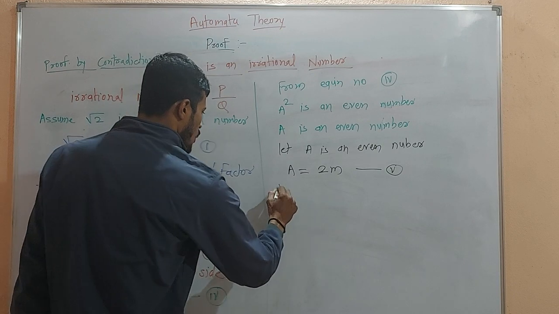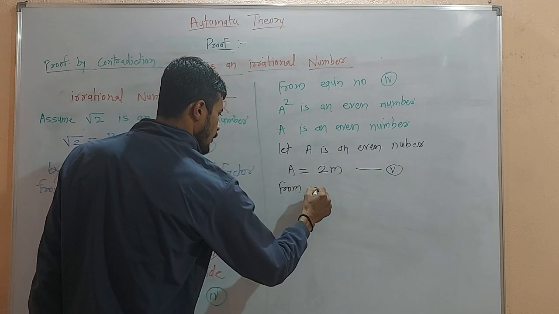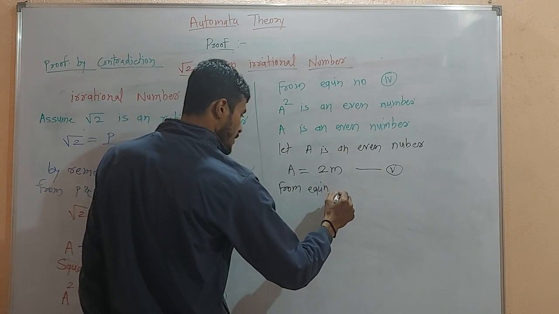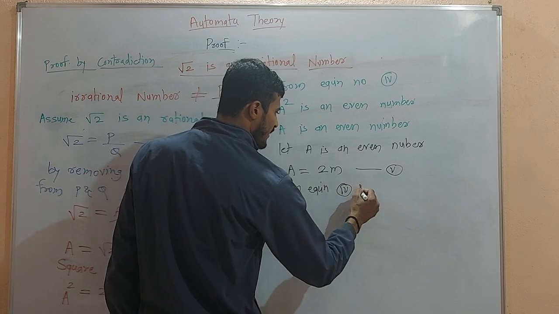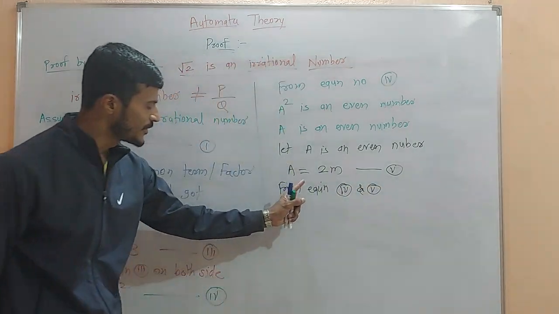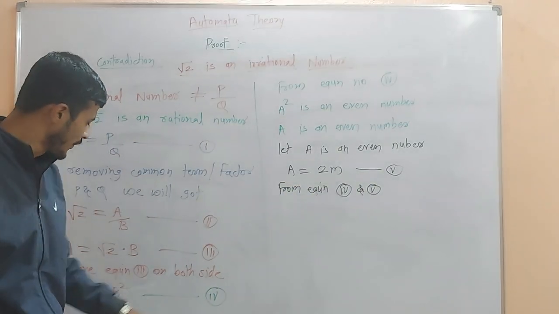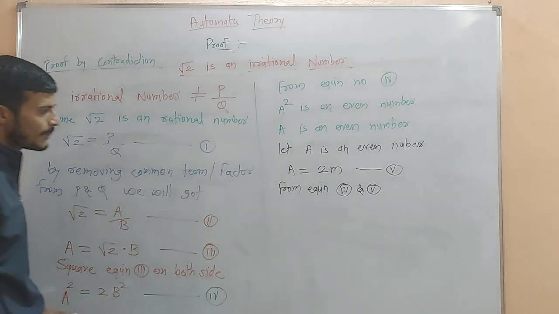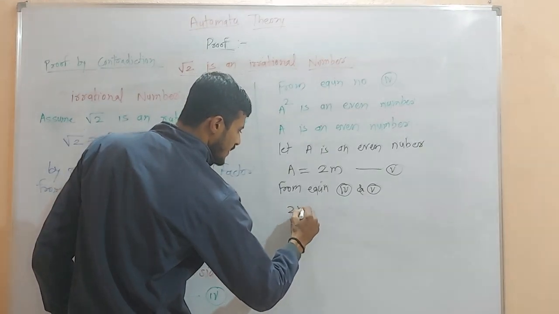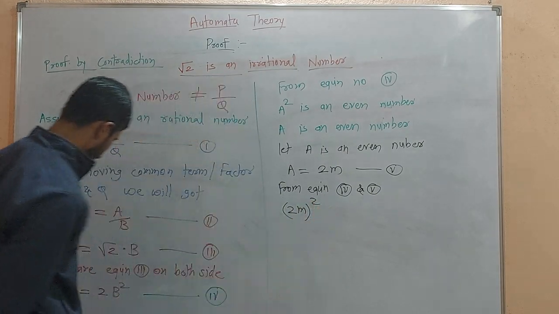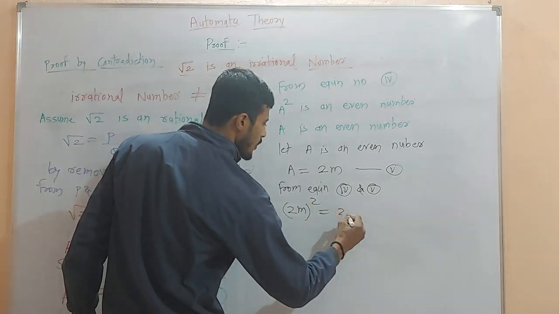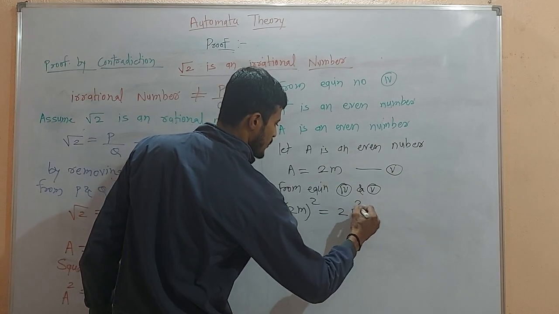Then from equation 4 and 5, if I substitute this value of a in equation number 4, then what will happen? This a square will become twice of m square, which is equal to twice of b square.